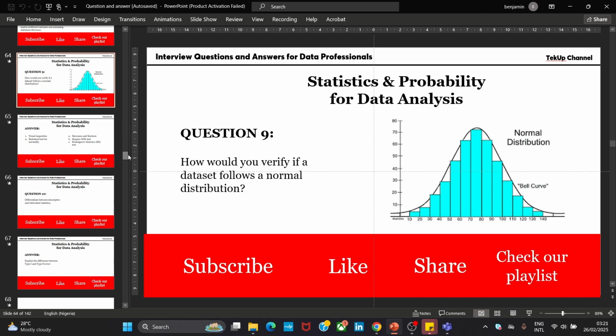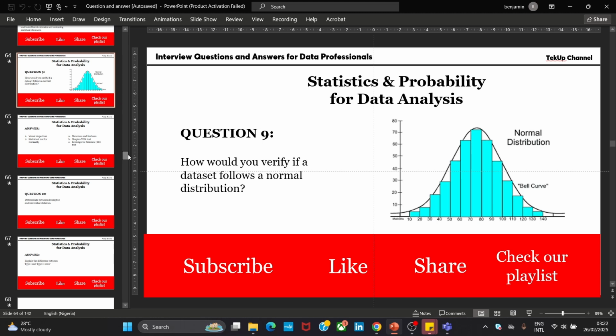Now, plotting a box plot helps us to know if our data set contains outliers. Now, a data set that contains outliers is definitely skewed. This is how we can use visuals to determine if our data set follows a normal distribution.